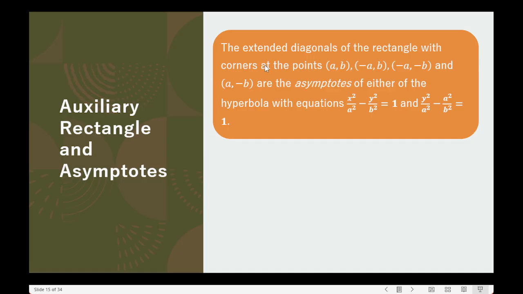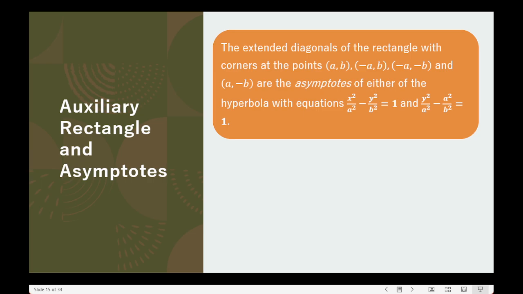The extended diagonals of the rectangle with corners at points (a, b), (negative a, b), (negative a, negative b), and (a, negative b) are the asymptotes of either of the hyperbolas with equations x squared over a squared minus y squared over b squared equals 1, and y squared over a squared minus x squared over b squared equals 1.